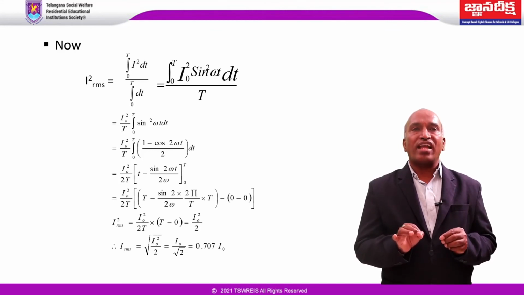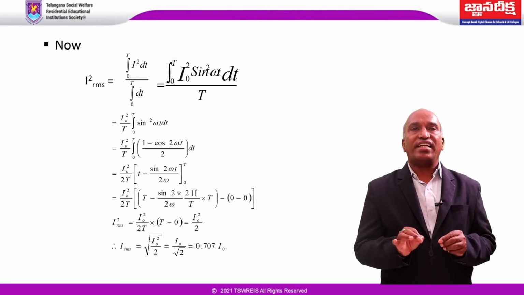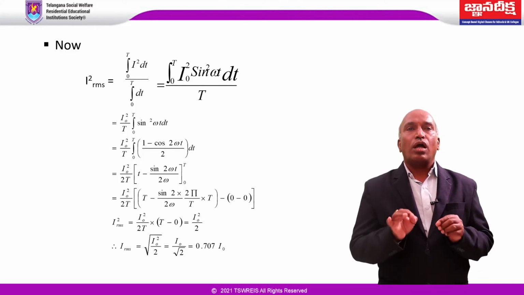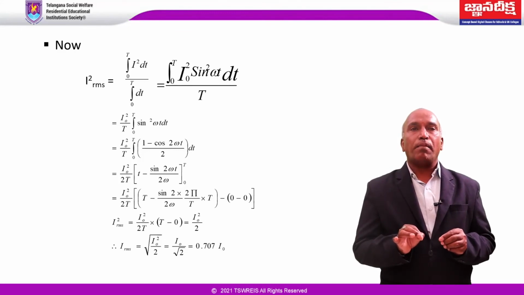Substitute the value of sin² in terms of cos 2ωt. So that is equal to (I₀²/T) ∫₀^T (1 − cos 2ωt)/2 dt. That is equal to (I₀²/2T) [t − sin 2ωt / 2ω] from 0 to T.